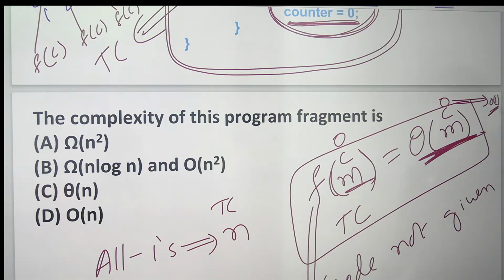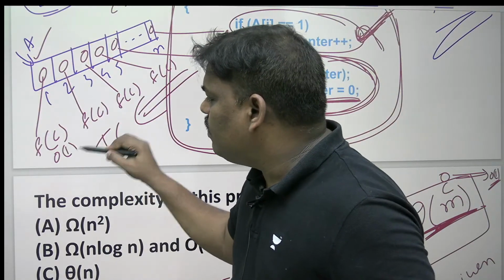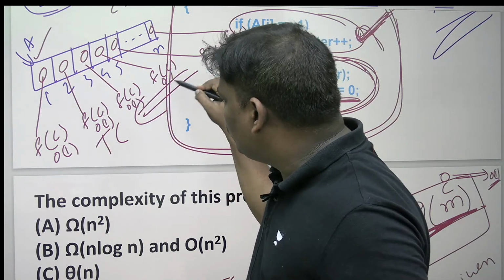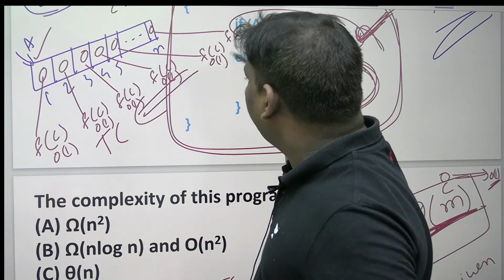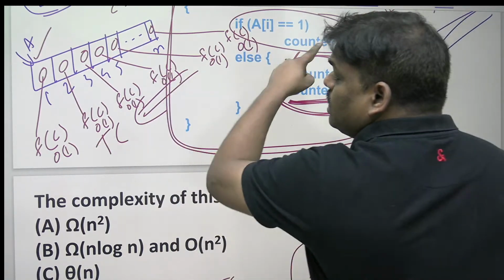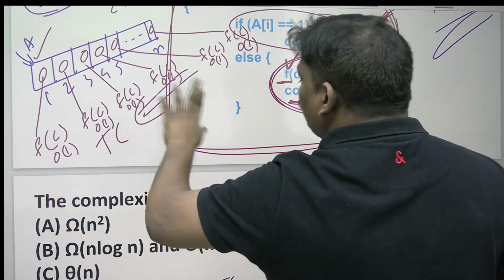Theta of 0 means constant. Remember, this is the twist in this problem. Every call is constant time, every 0 is constant time.